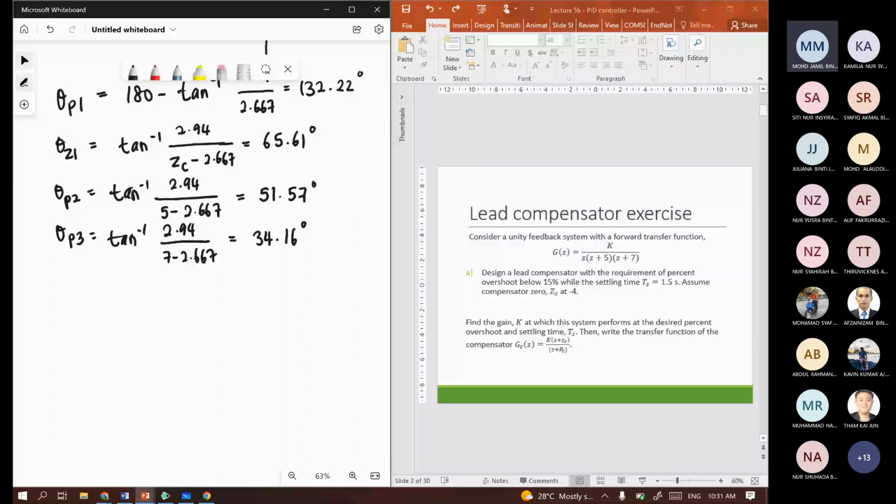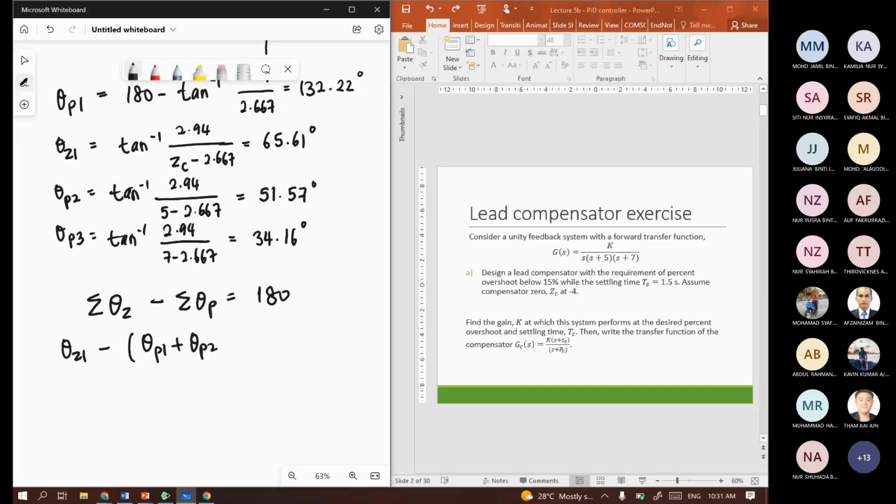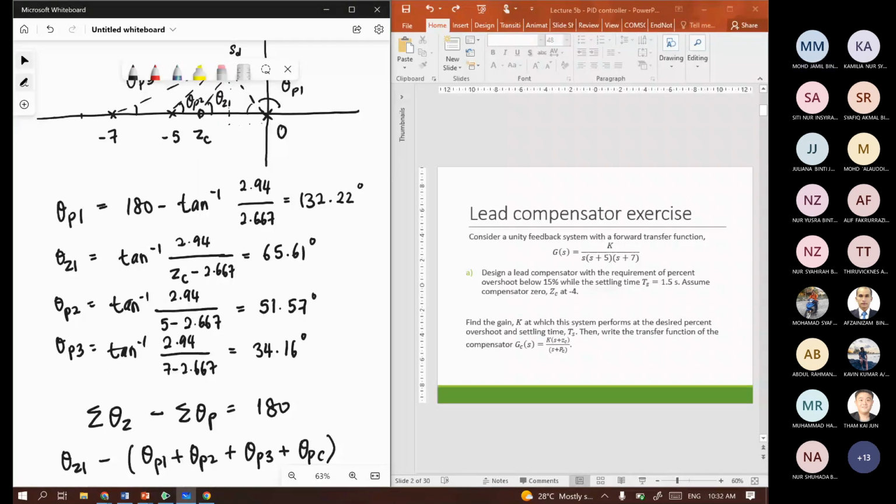Using this formula, summation of angles of zeros minus summation of angles of poles equals 180 degrees. So we have theta Z1 minus theta P1 plus theta P2 plus theta P3 and plus theta PC, which is the location of our compensator pole.